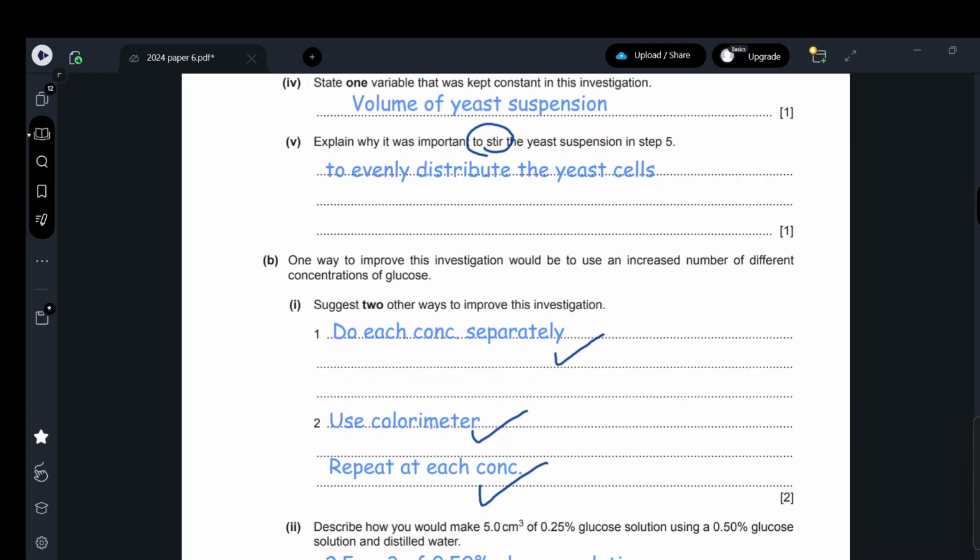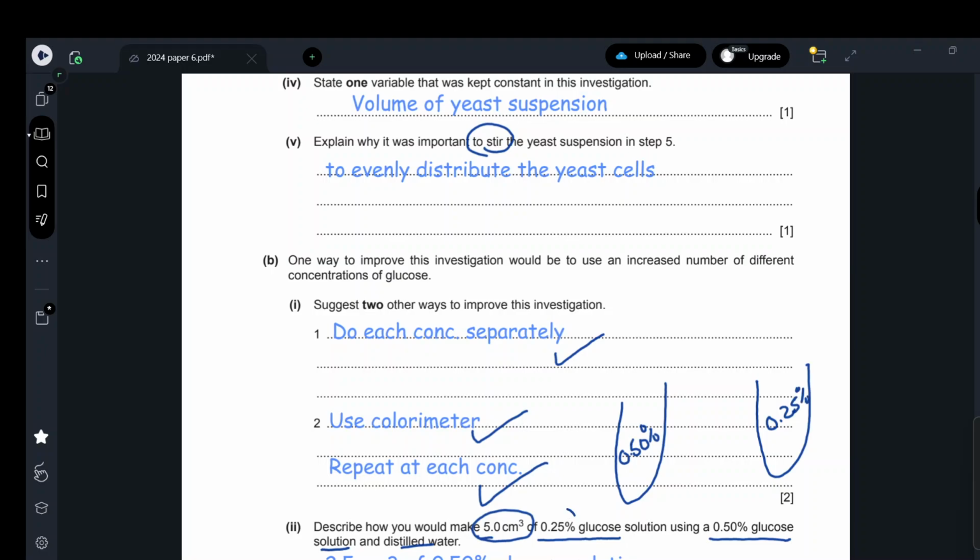Describe how you could make 5 cubic centimeter of 0.25 glucose solution using 0.50 glucose solution and distilled water. Fine. Let's think. If you have a glucose solution whose concentration is 0.50, you want to prepare your own concentration.